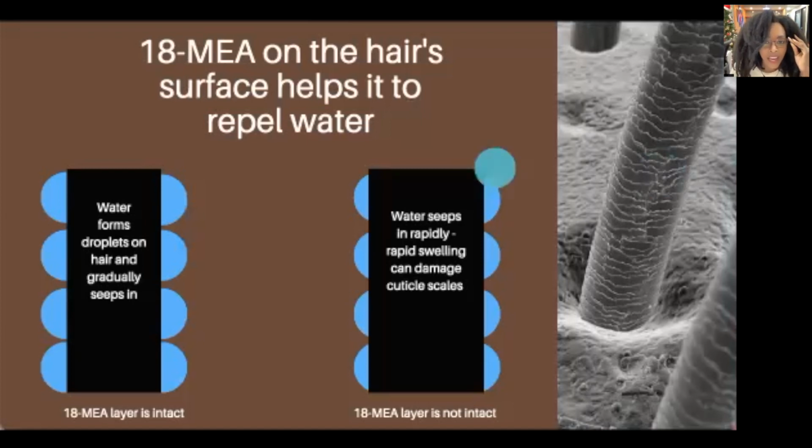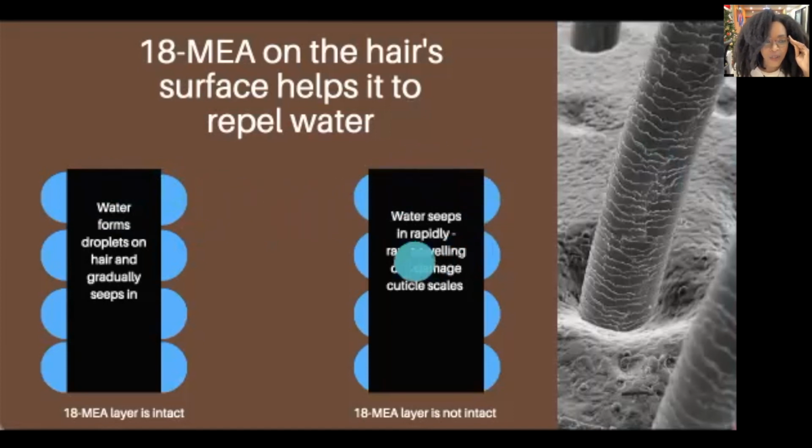So if your 18-MEA layer is intact, as is expected, especially closer to the roots where your hair has experienced less wear and tear, then when you wet it, you will see little droplets of water formed and gradually being absorbed.